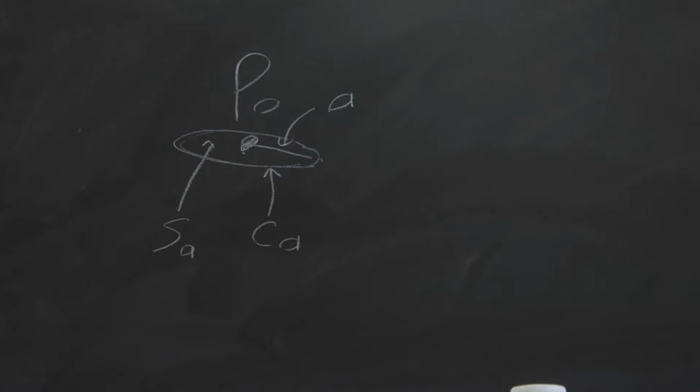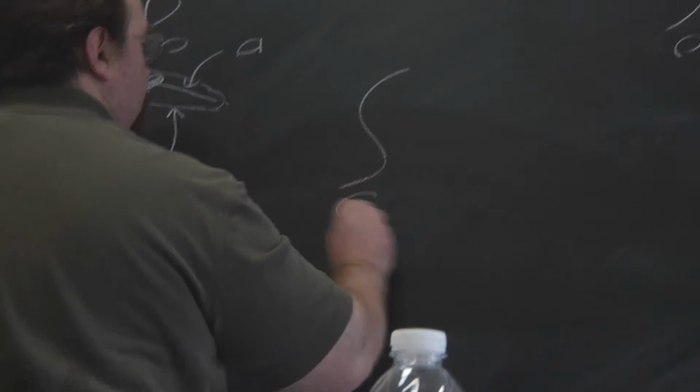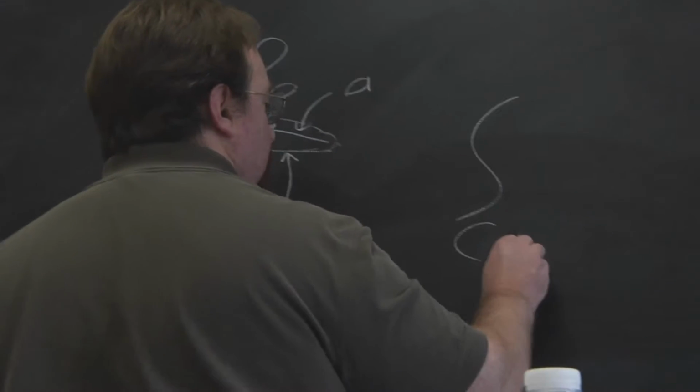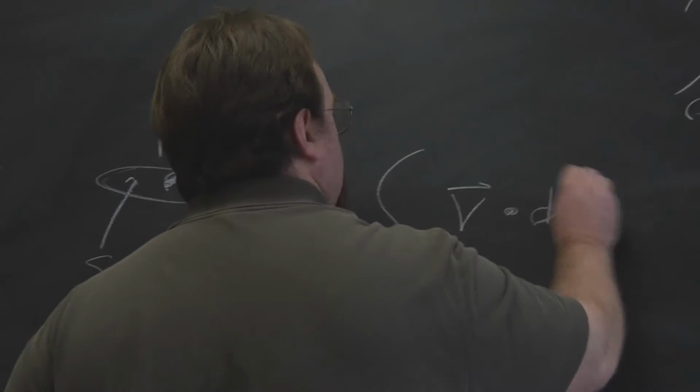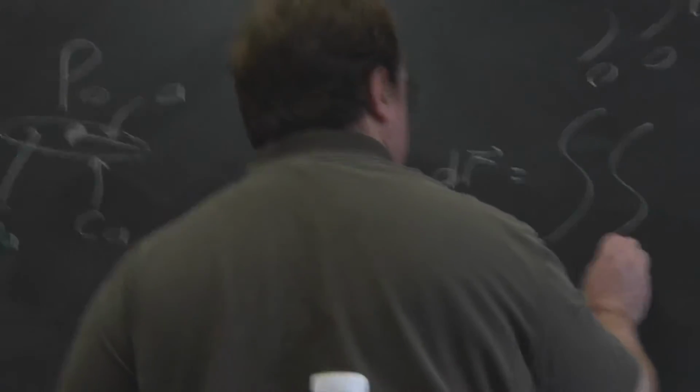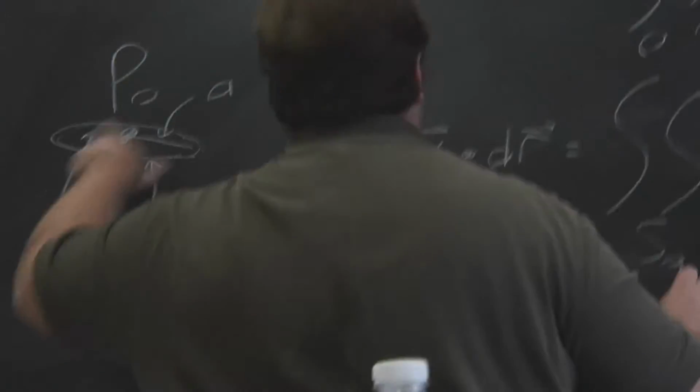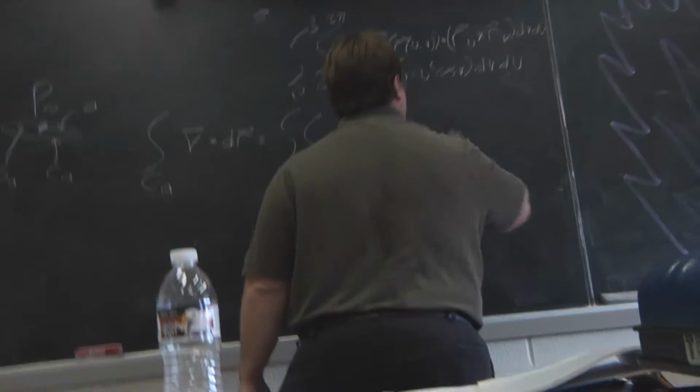Now, what Stokes Theorem says is that a line integral over the circle of some vector field V is equal to the surface integral over the disk of curl V dot n dS.